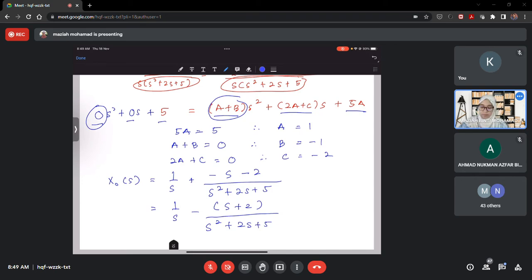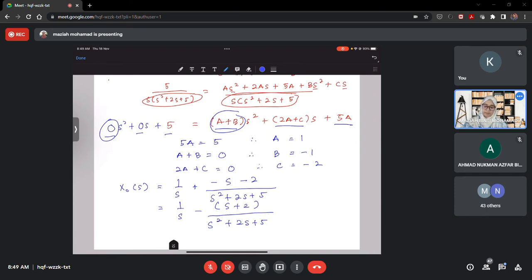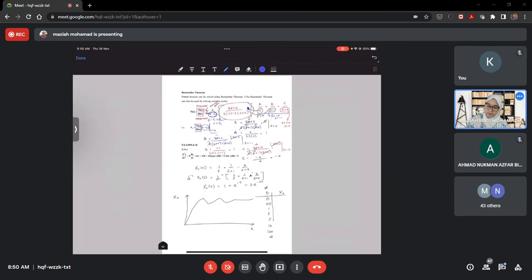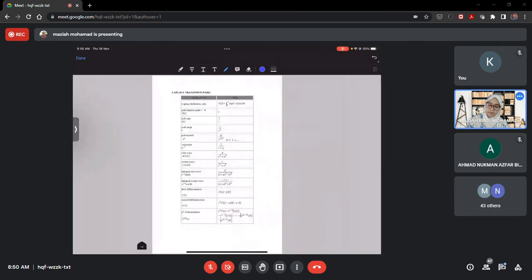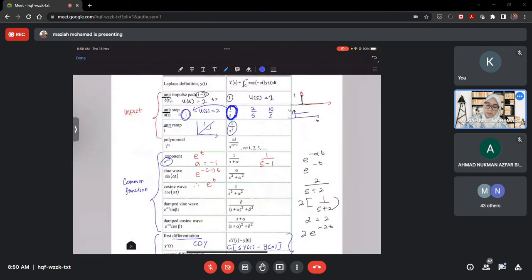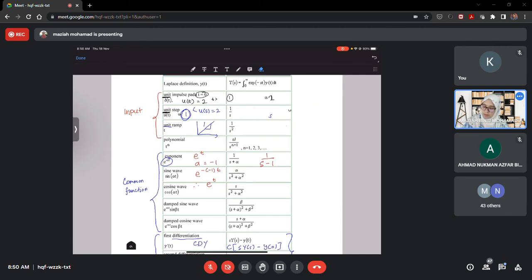So now we need to do the Laplace inverse. In order to do Laplace inverse, let's refer to the table. Which function is similar to our function, which is s plus 2 over s square something?